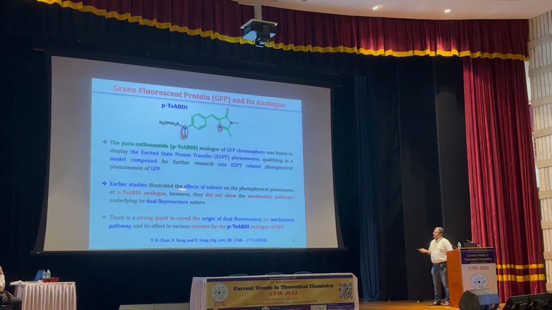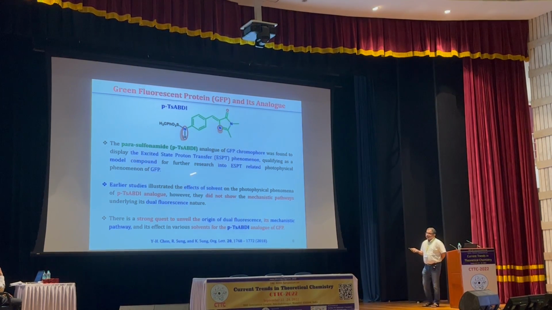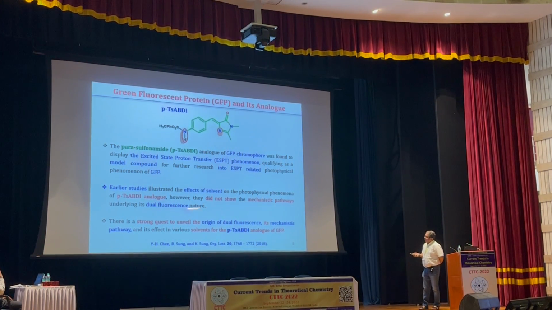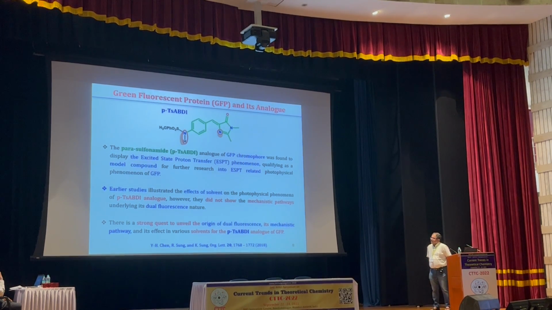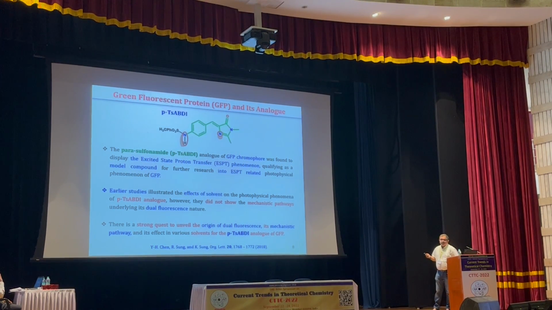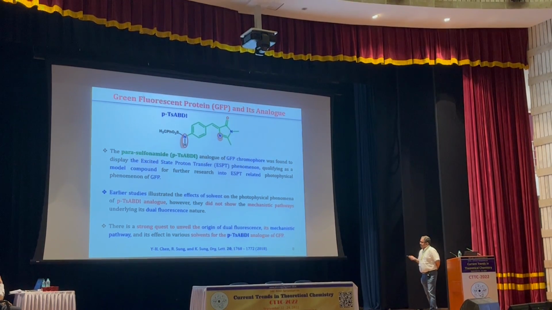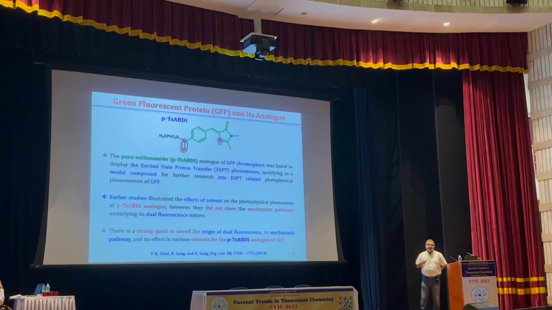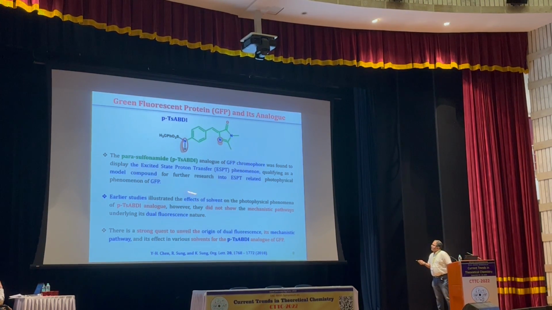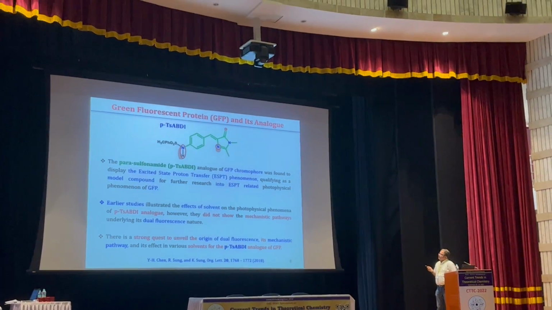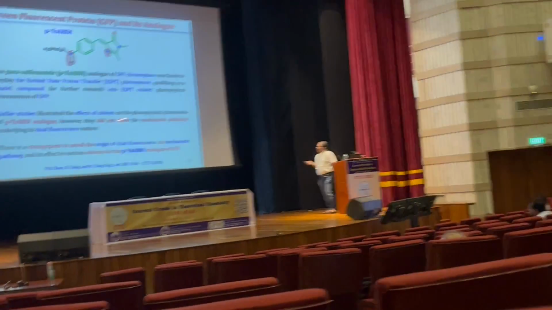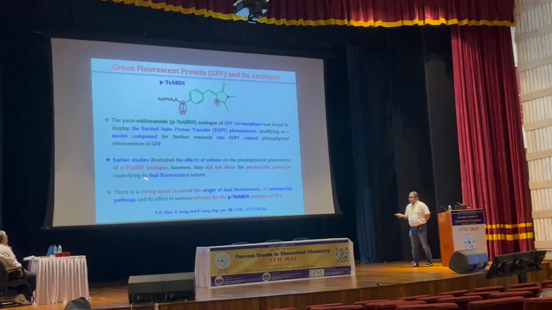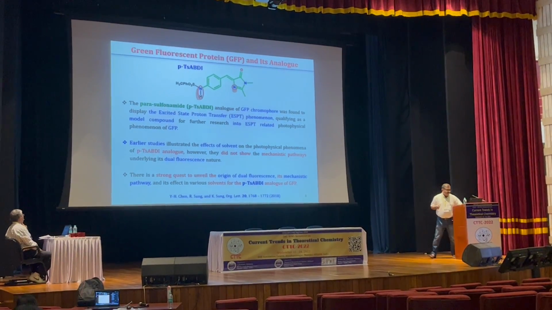In earlier studies, the effect of solvent on the photophysical phenomena of the PTSABDI analog was shown, but they did not show the mechanism behind why it shows dual fluorescence. So our objective is to show why this kind of GFP analog can show dual fluorescence, as well as the mechanistic pathway.